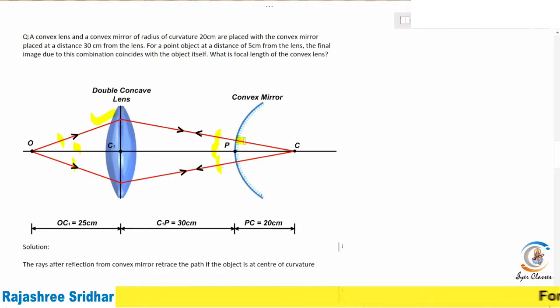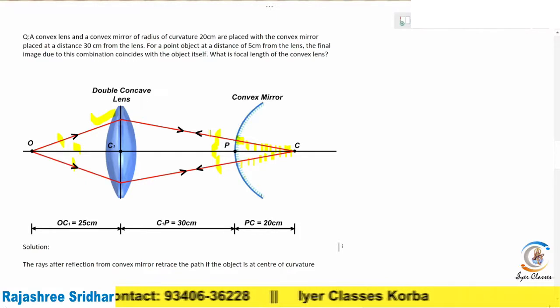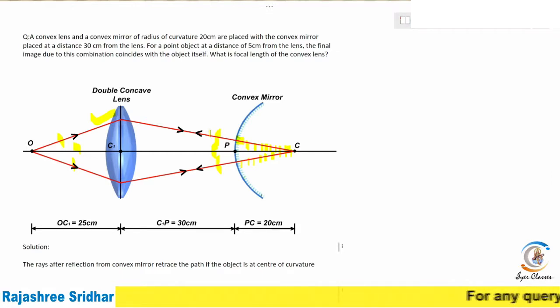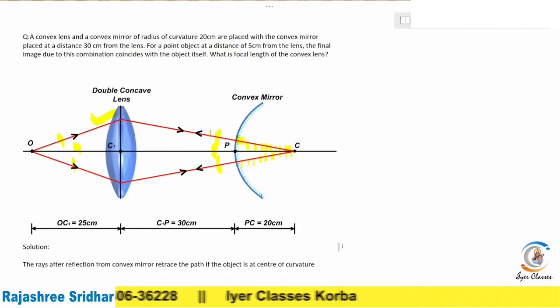The rays are not able to come inside, but they retrace their path as shown, right? Now, when is this possible? This is possible if, from the reflection of the convex mirror, the rays are retracing the path.